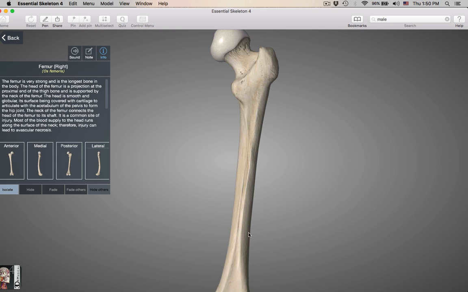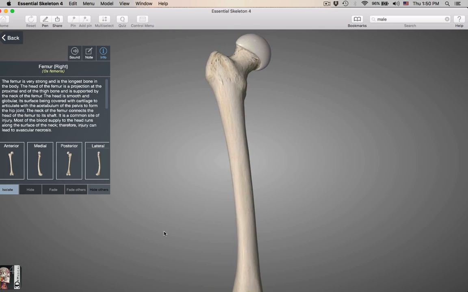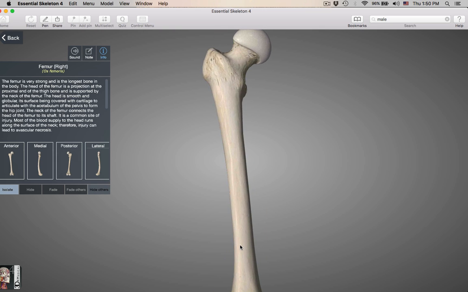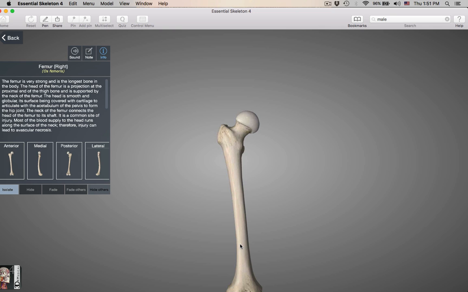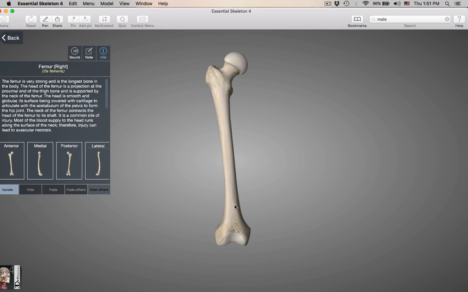So we need to get down. Let's go back to our anterior. Whoops, I just pushed that. There's the anterior. Here we have the patellar surface. Now we know this is medial, this is lateral.